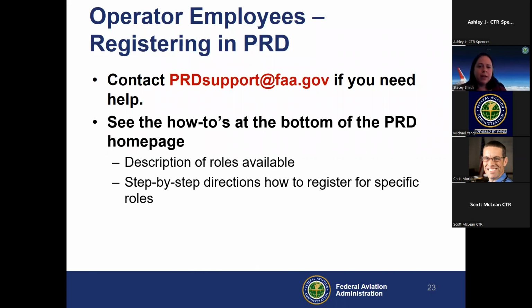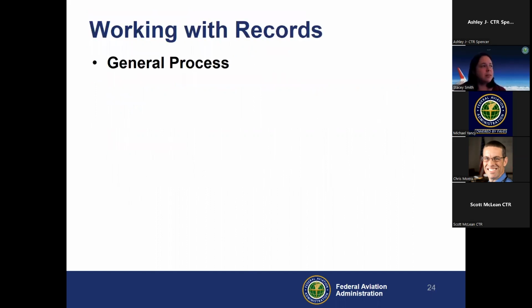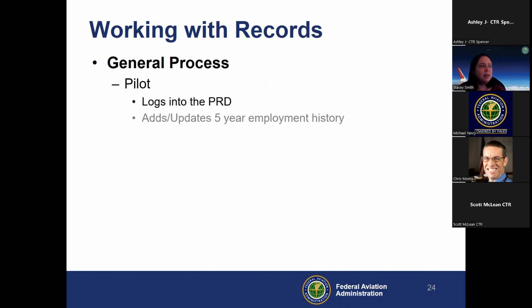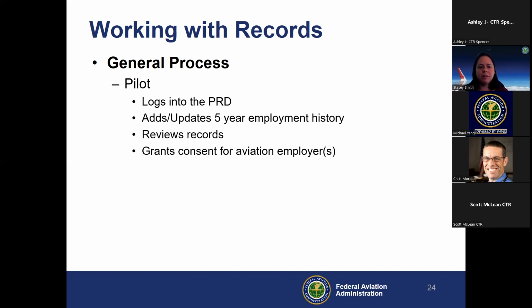Now let's take a look at working with the records, the general process for the pilots: how to log into PRD, update the information with the last 5 years of your employment history, review records, and grant consent for the aviation employers.